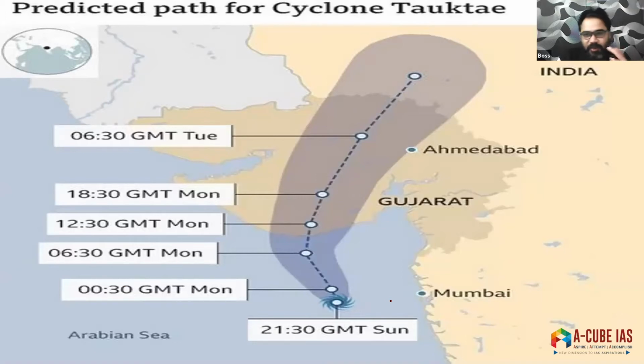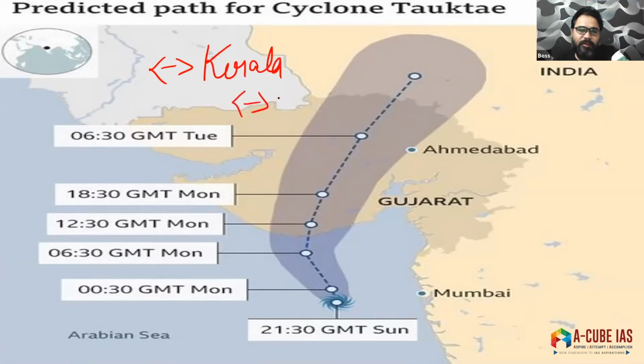Tauktae has passed, it has completely died down. So, what exactly was the situation? How did it get started, how did it affect, how did it impact the route? The various states that were covered by Tauktae were Kerala. It started with the coast of Kerala. Then we had Karnataka.